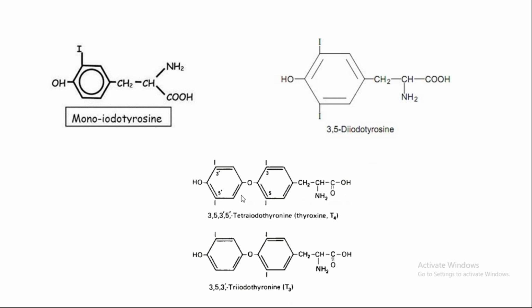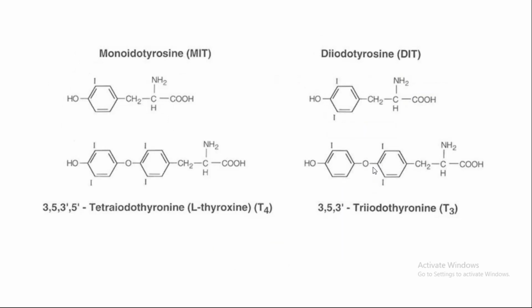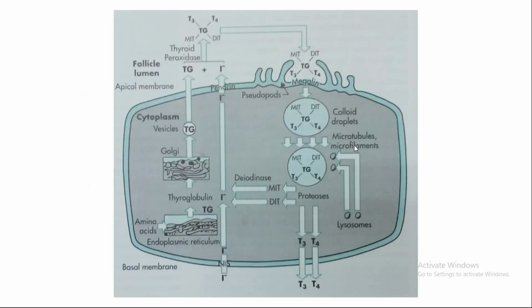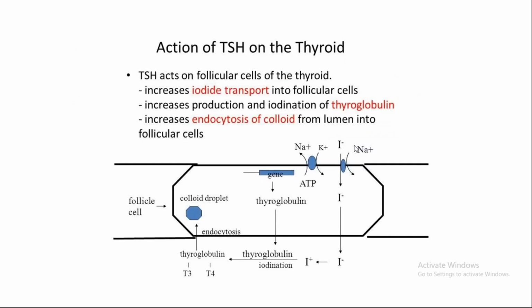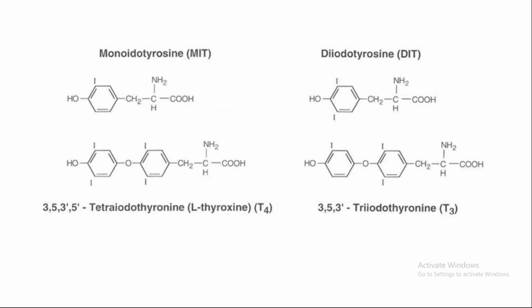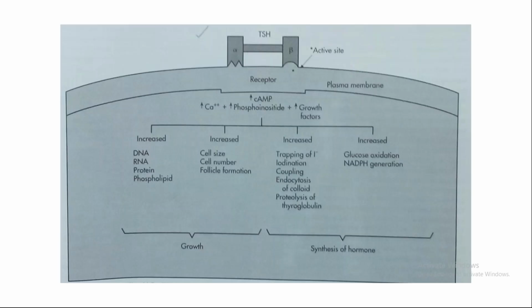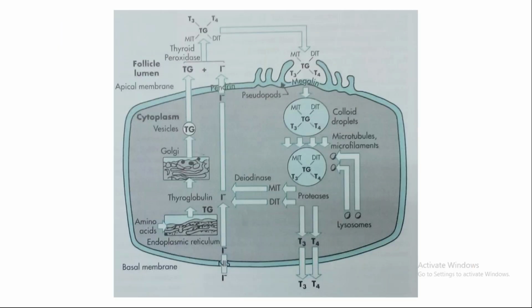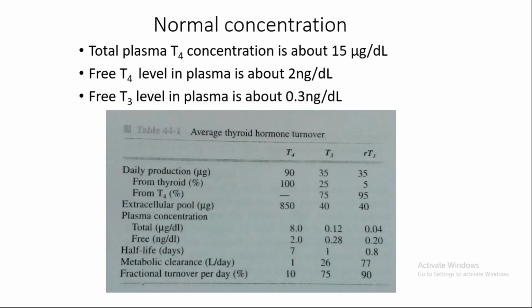Now one iodine is removed at the 5 place, then this structure is converted to RT3, reverse T3. You can see this in the book, because you must have seen it in biochemistry.